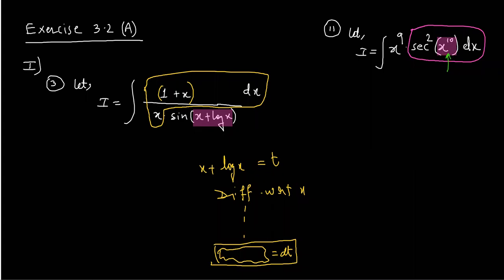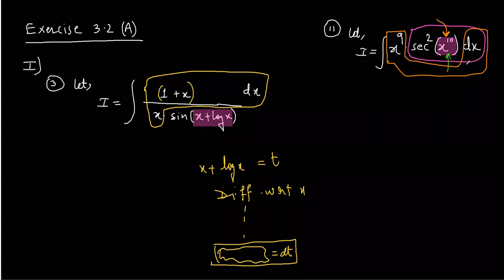So I will put this bad angle as t. You might be thinking, why are you not talking about this x raised to 9 here? Don't worry about this. When you convert this into a good angle, it would be taken away with dx.